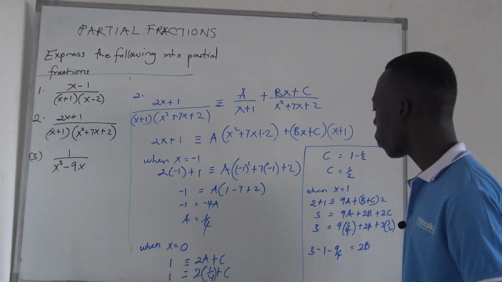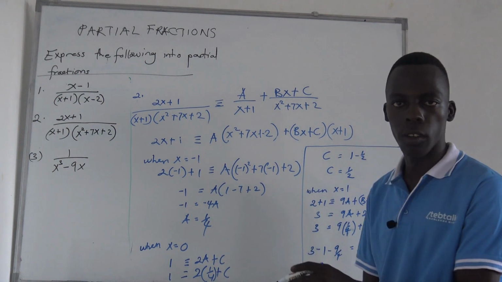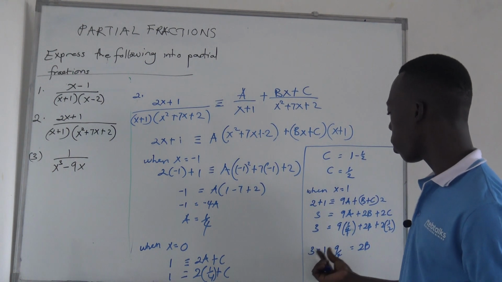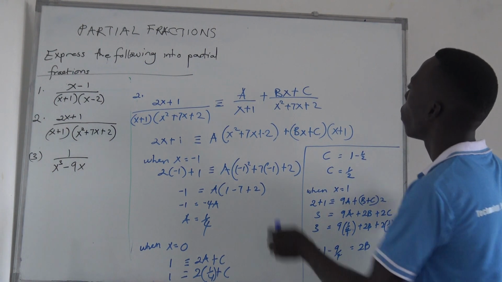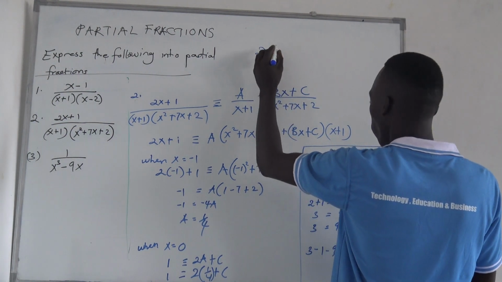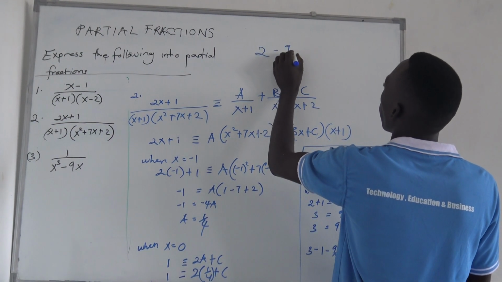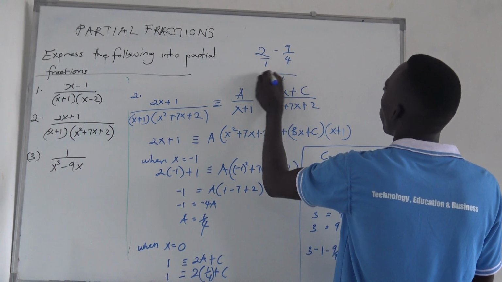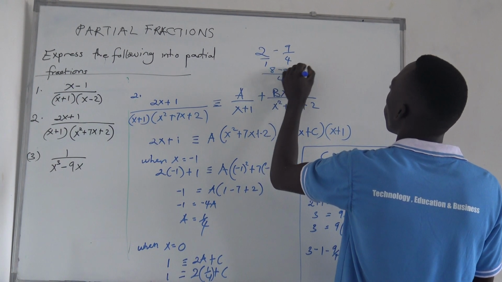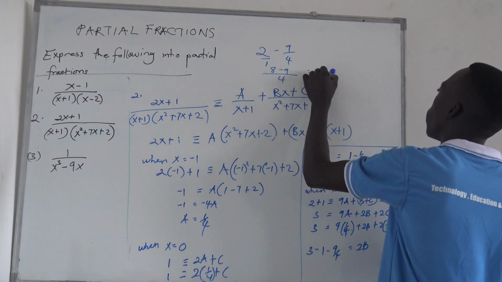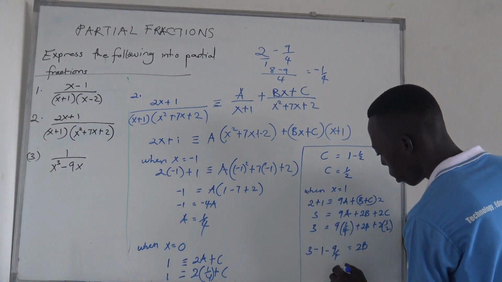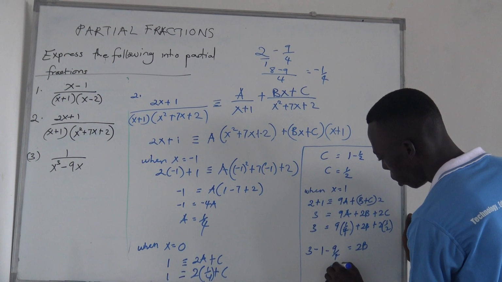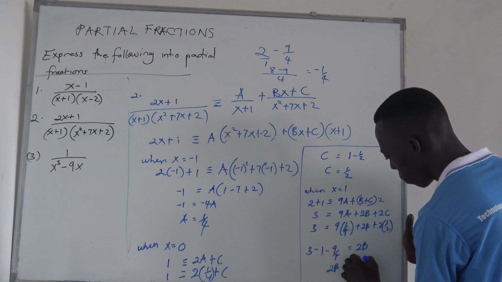So for that case, you have to get the LCM. So when you subtract this minus this, that is a 2. So it becomes like this, 2 minus 9 out of 4. So when you get the LCM, which is 4, this one becomes 8 minus 9, which gives us negative a quarter. So this one, that means our 2b is equal to negative a quarter.